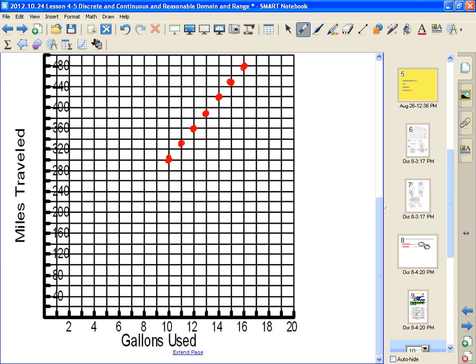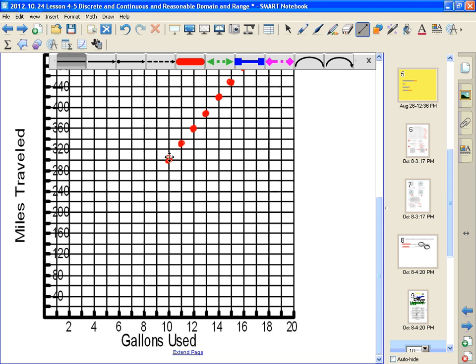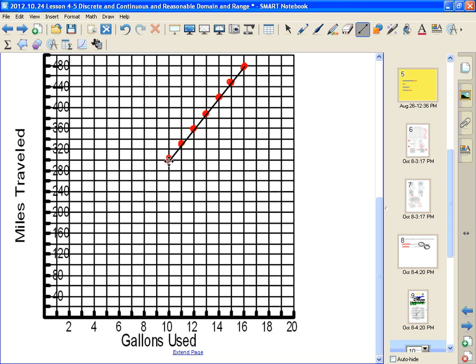So if I connect them, I'm saying that the values between 10 and 11 are okay. So are the values for gallons of gas between 10 and 11 okay? And in this case, the answer is yes. It is okay to have 10.5 gallons of gas. So in this case, we would go ahead and connect our dots to look like that.